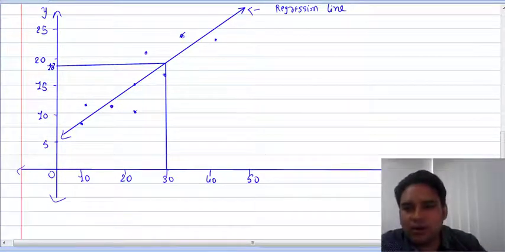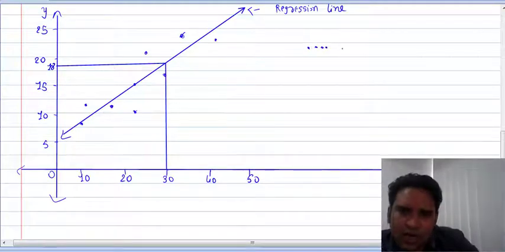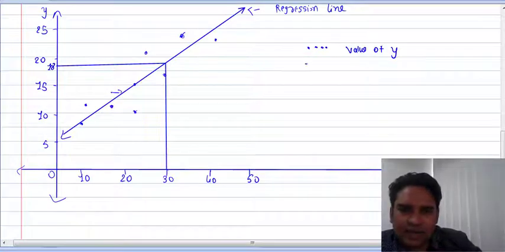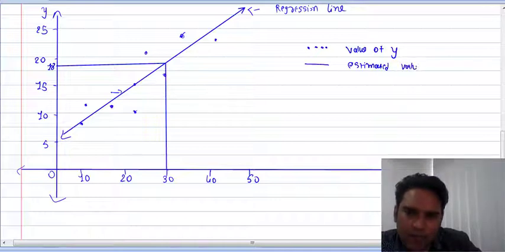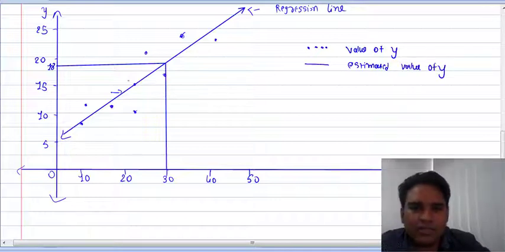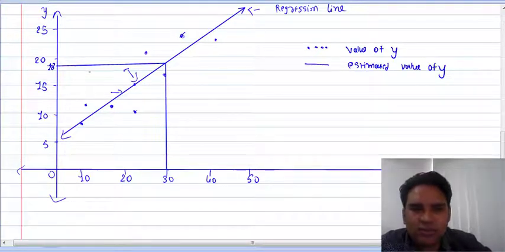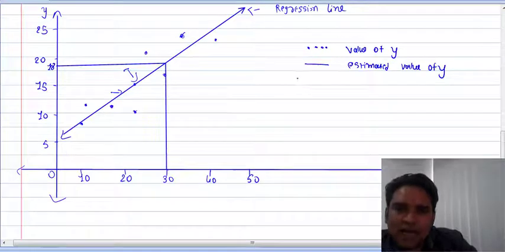Now one concept is important here. You can see this dot indicates the actual value of Y, and this line indicates the estimated value of Y. The difference between the dot and the line is called error.